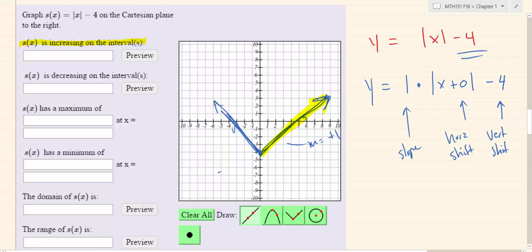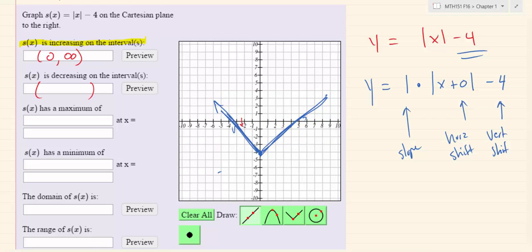As you move left to right from here, you are going down: decrease, decrease, decrease. As you move left to right past 0, you're increasing, increasing, increasing. The answer is 0, comma, infinity. From 0, open dot, to infinity, this function is increasing.